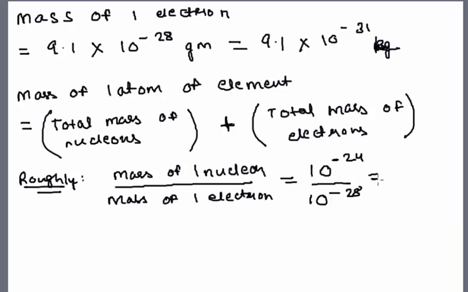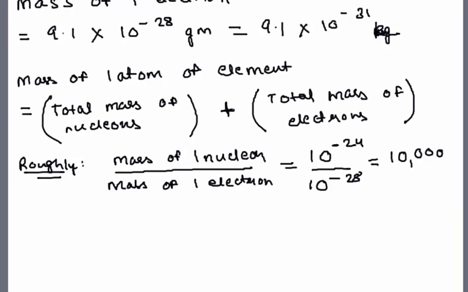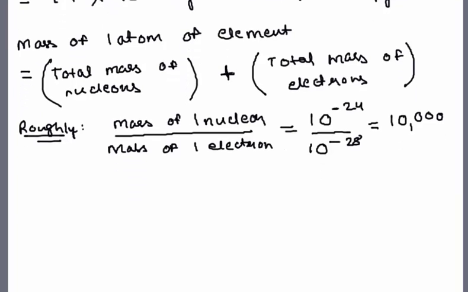Now if you solve this value, this gives you 10 raised to the power 4, which is basically 10,000. So what does this mean? This means that one nucleon is roughly 10,000 times heavier as compared to one electron. That is a huge number.